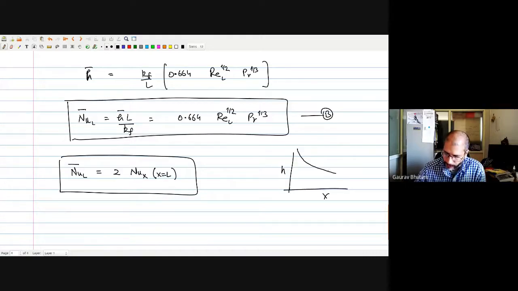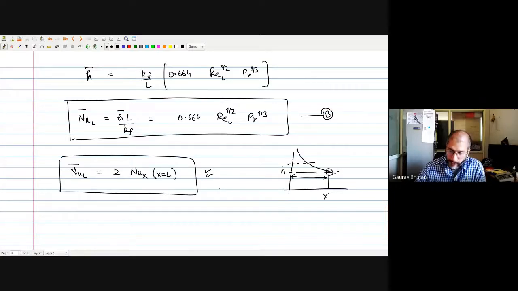So if I was to find the average value of h in a region and compare that with the local value of h, this average, which is going to be somewhere, let's say here, is definitely going to be more than the local value here. So in this case, we get this nice relation like this one.